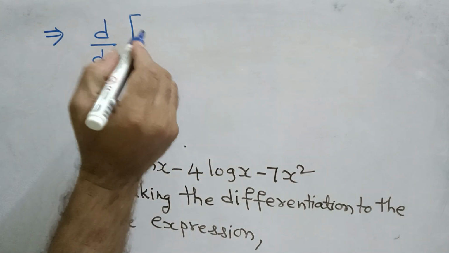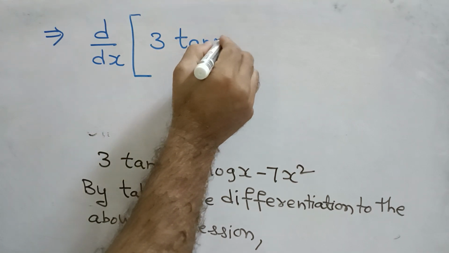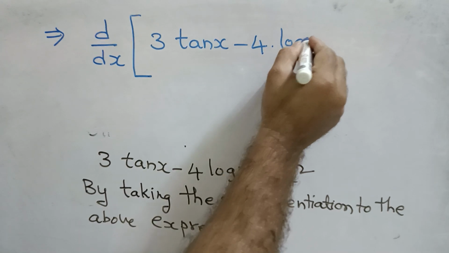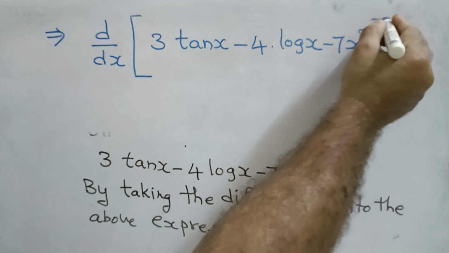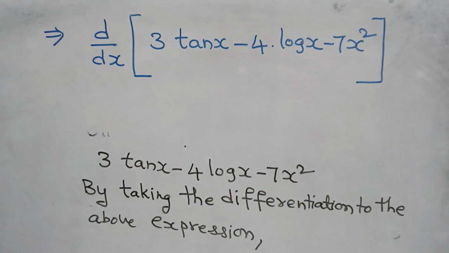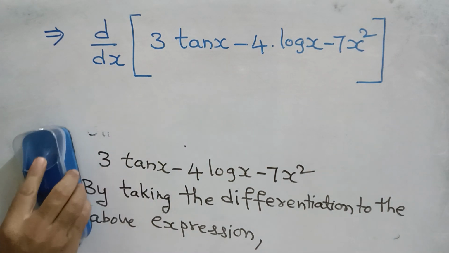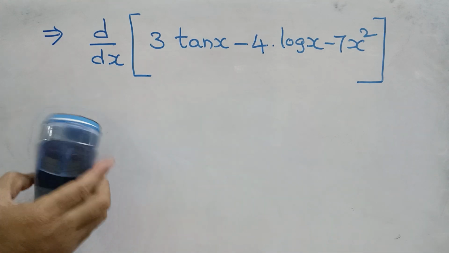Therefore now, d by dx of the entire thing: 3 into tan x minus 4 into log x minus 7x square, that you have to write. Then you further simplify this.